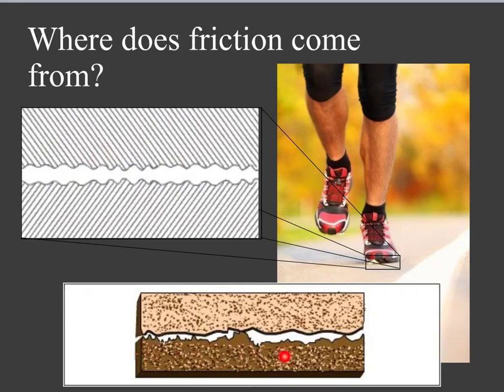There are high points and low points and it's not uniform. All these little bumps are what cause friction, because at the molecular level it's not smooth. They rub against each other, and if a little hill here gets stuck up against this hill, it's going to provide a tiny force that keeps it from moving forward. So that is the source of friction.